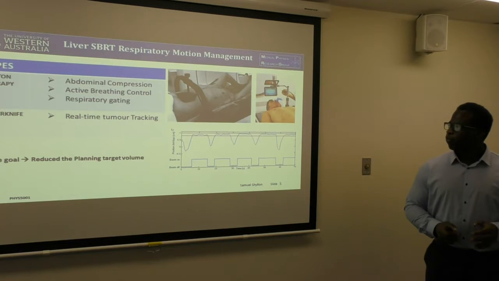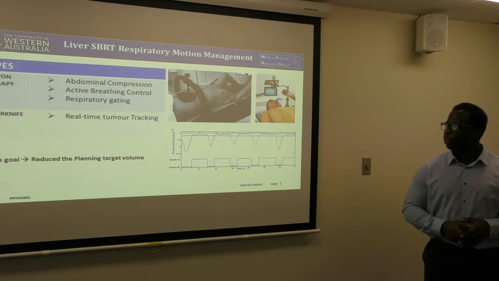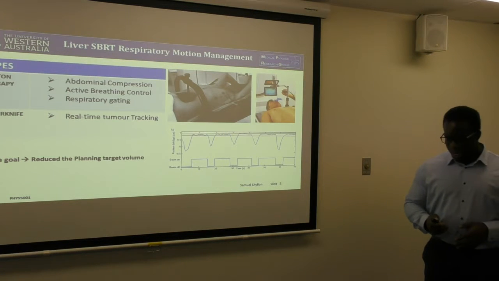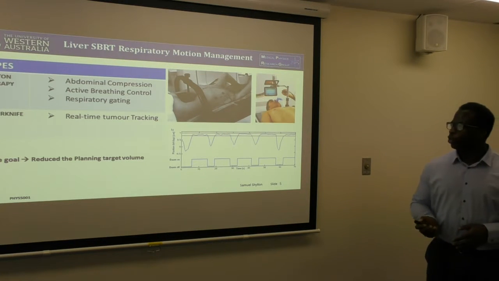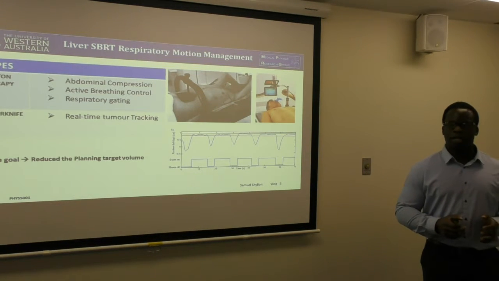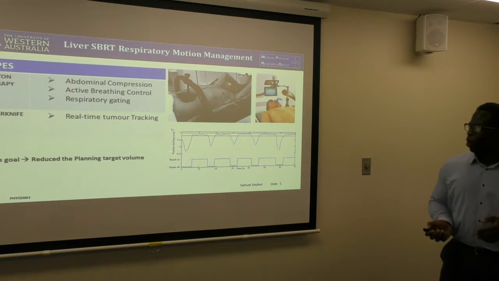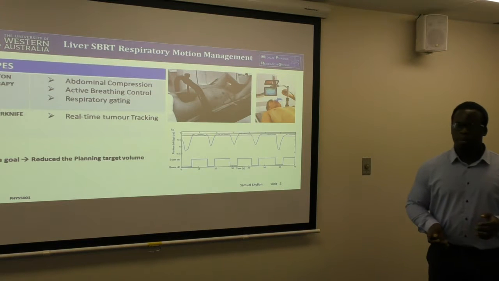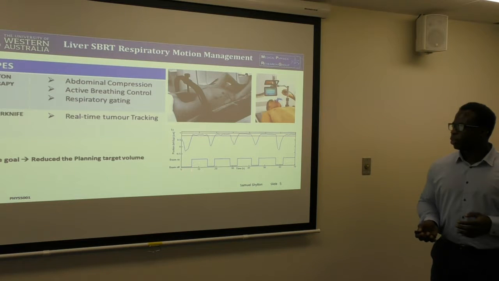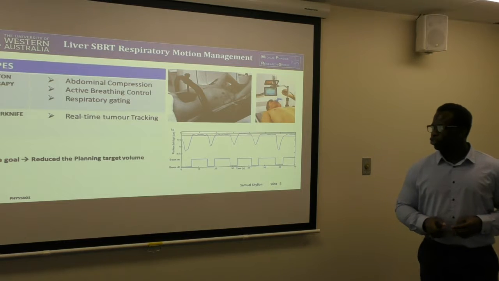So there are about 4 respiratory management techniques used for liver SBRT specifically. They include abdominal compression, active breathing control, where the breathing of the patient is frozen to allow the radiation beam to concentrate on the tumor, respiratory gating, where the patient's breathing is tracked in real time and radiation is delivered only during specific phases of the patient's breathing cycle, and real-time tumor tracking.